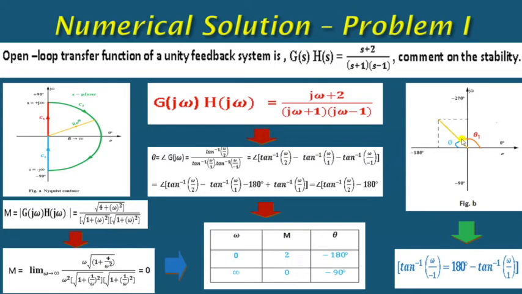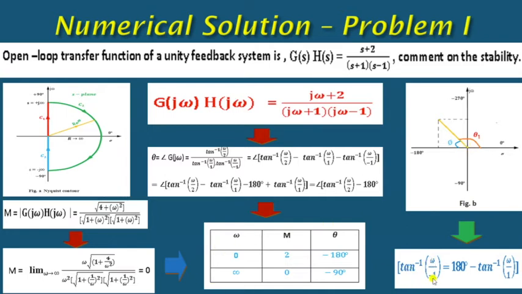Then theta 1 is equal to, this total angle is 180 and this angle is phi. So theta 1 equals 180 minus phi, and this phi angle is equal to tan inverse, this magnitude is omega divided by this magnitude 1.